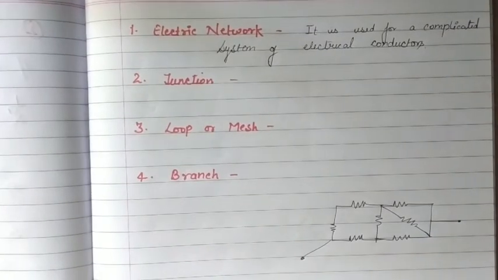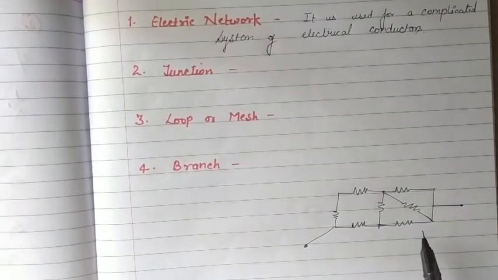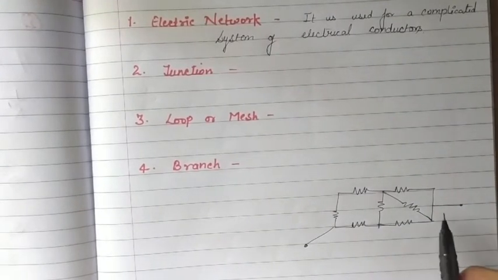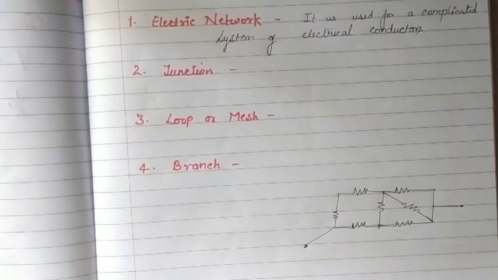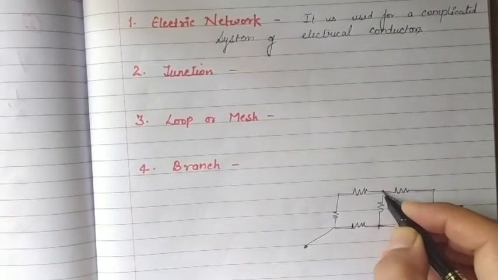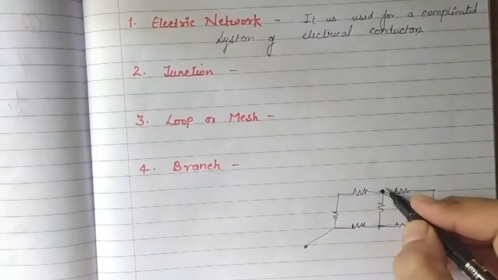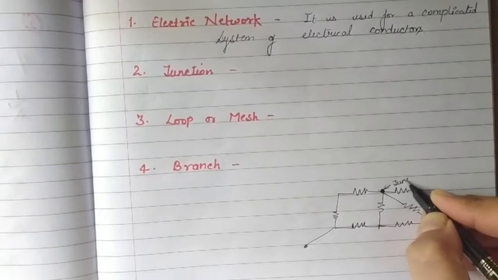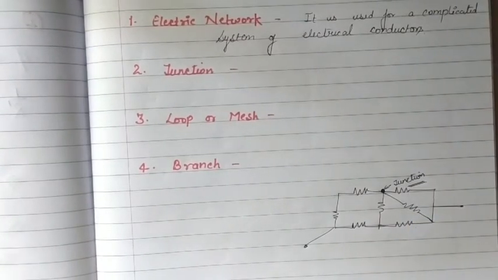It can be any electric network. So for an example, I take this electric network. Now in this electric network, the points where two or more conductors are joined are called junction, like this. This is the point where these conductors are joined, so this is called a junction, right? So what is a junction?